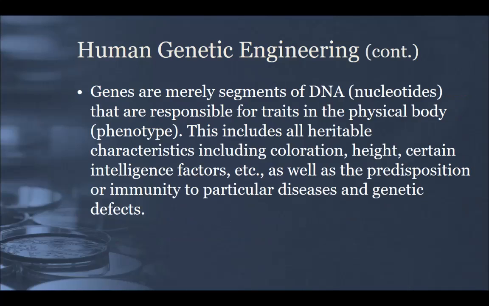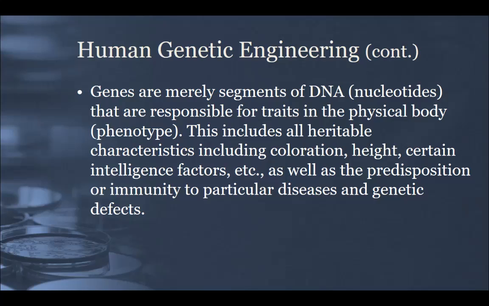And that's beyond just the correction of disease or immunity to potential diseases. And we can talk about the fact that they've identified individuals who are immune to the HIV virus. Well, if you could genetically modify and insert that gene into other people, could we eradicate the disease?